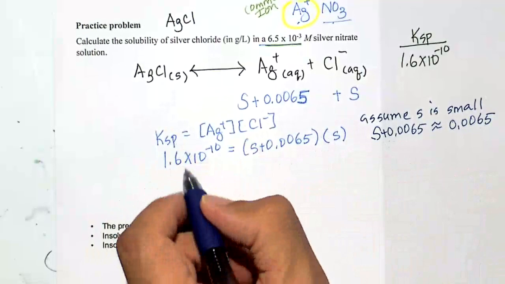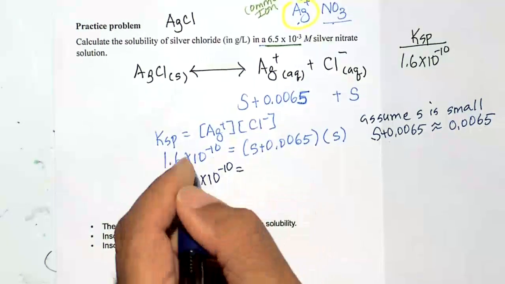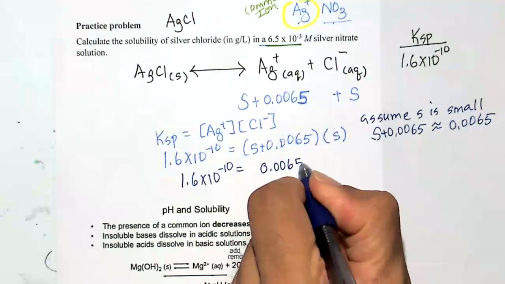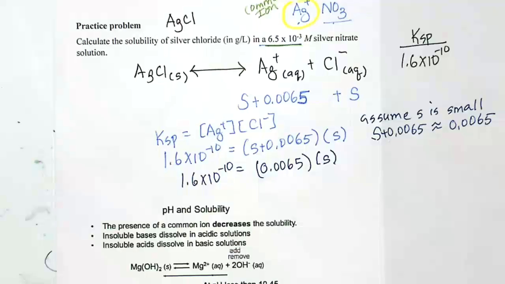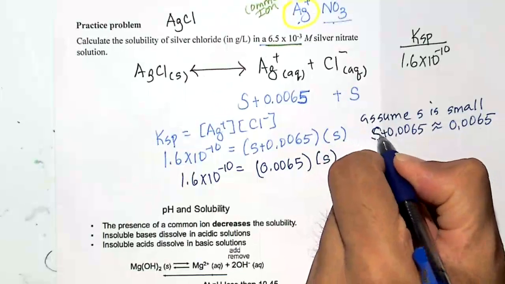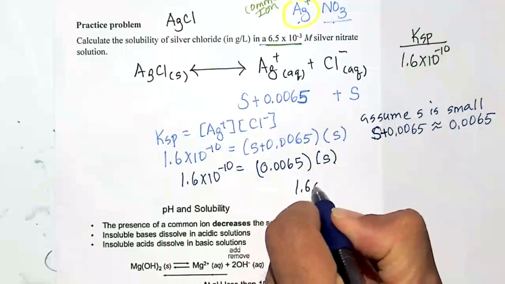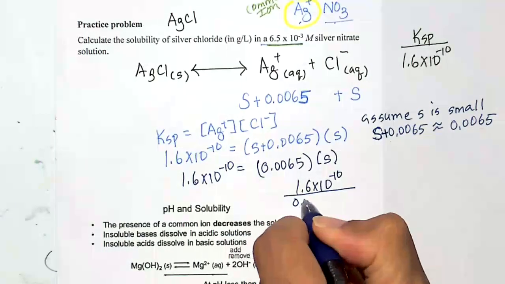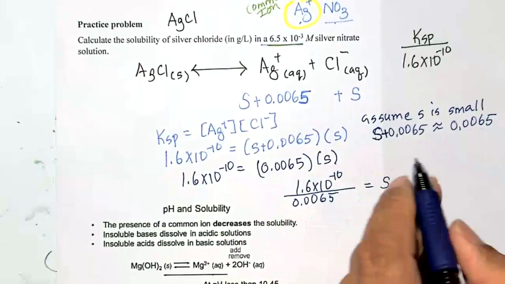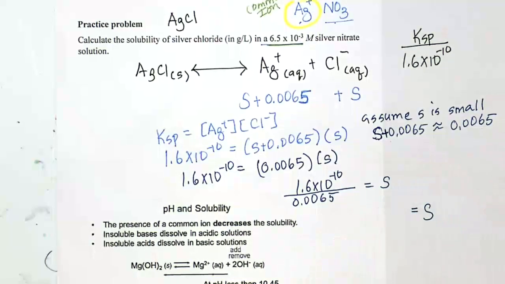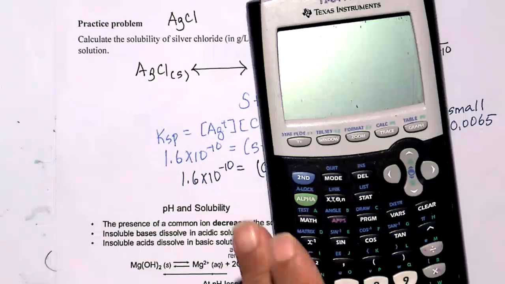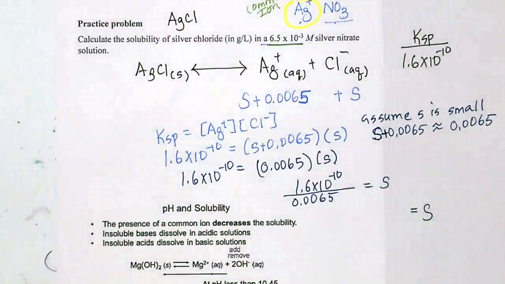This makes our life a little bit easier. 1.6 times 10 to the minus 10 is equal to 0.0065 times S. You're going to do this type of pipeline on the exam for the common ion. 1.6 times 10 to the minus 10 divided by 0.0065 equals S. And what do we get for S here? I think I'll use my calculator. No, I will not.